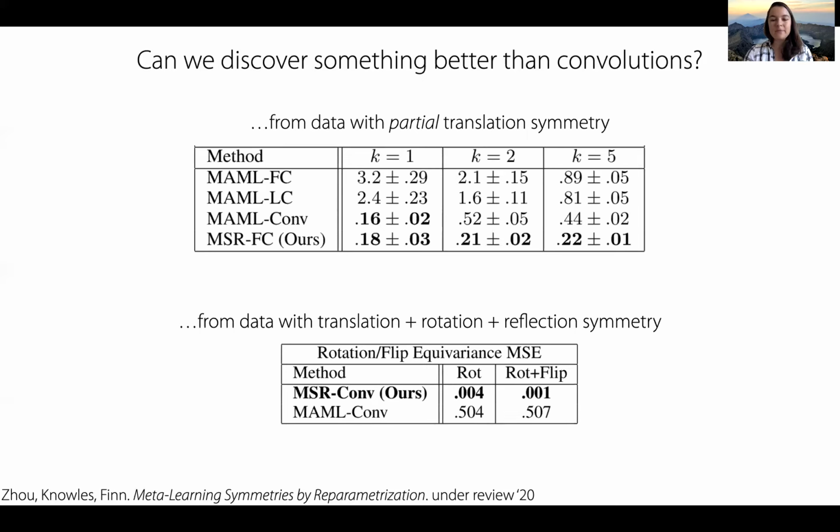And it's able to strongly outperform MAML with convolutions. Note that in this experiment, we actually started with convolutions and applied MSR on top of convolutions to learn the additional equivariances.